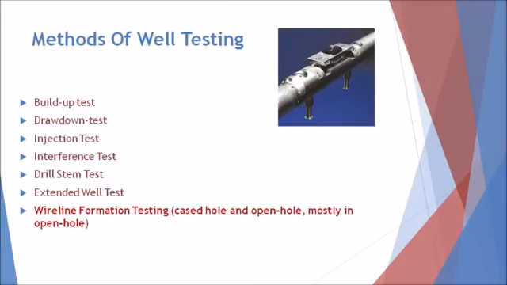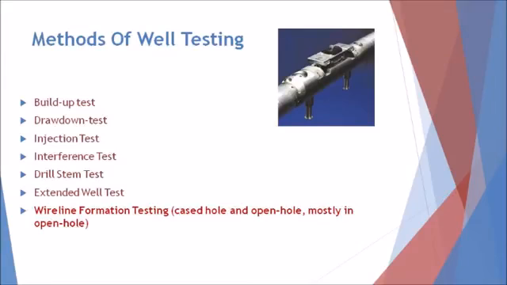Alright, we have several methods. Start with build-up test and drawdown test, injection test, interference test, drill stem test, last but not least, extended well test, and finally wireline formation testing. And this is the part that we are going to focus on explaining.